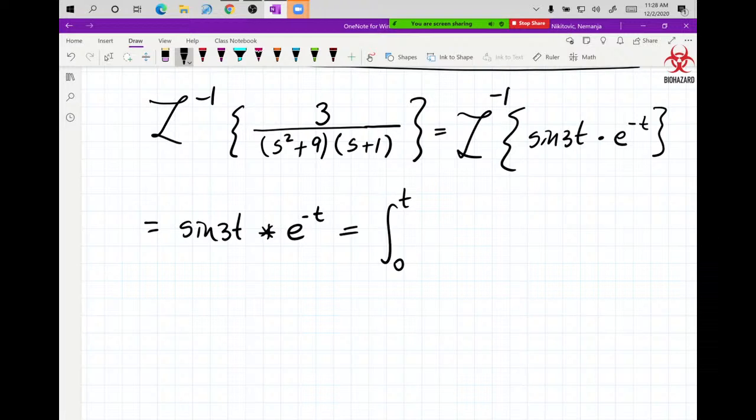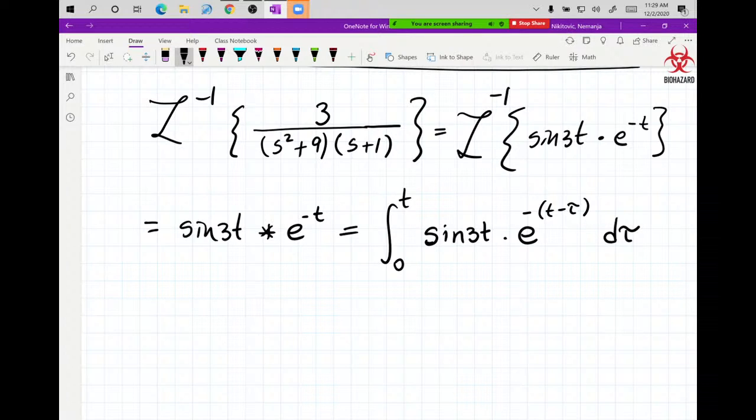So if I pick the sine of 3t to be the first, then times e, and now this one is going to have, instead of t, t minus tau. So negative t minus tau, which we can fix.